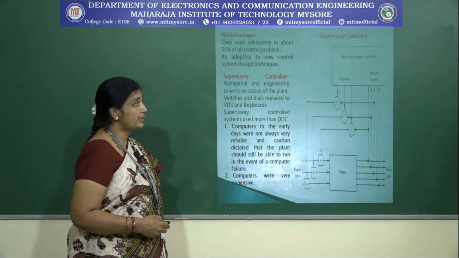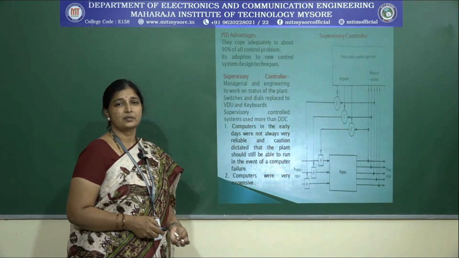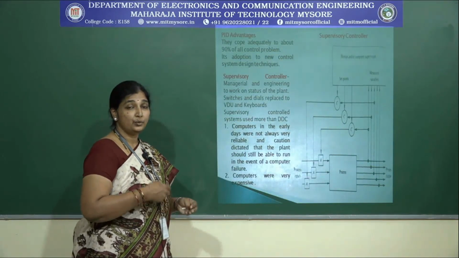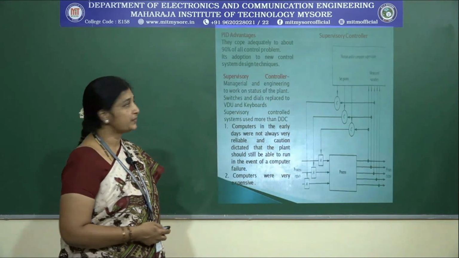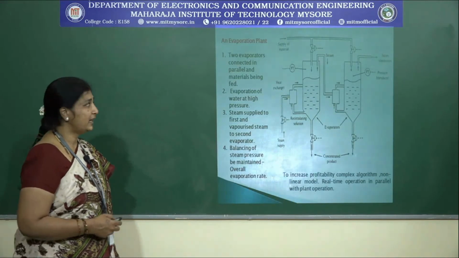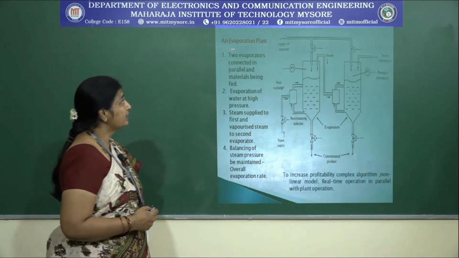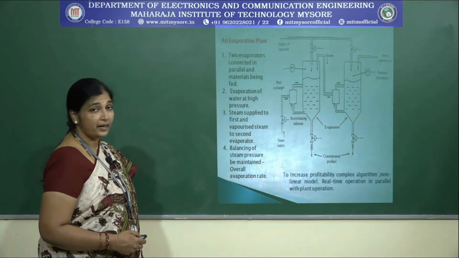So this was set as a control. Even if there is a system which collapses, the plant will remain intact. But to get the system working again would be more expensive. The best way to explain supervisory control is one of the evaporation plants that you can see here in the diagram.